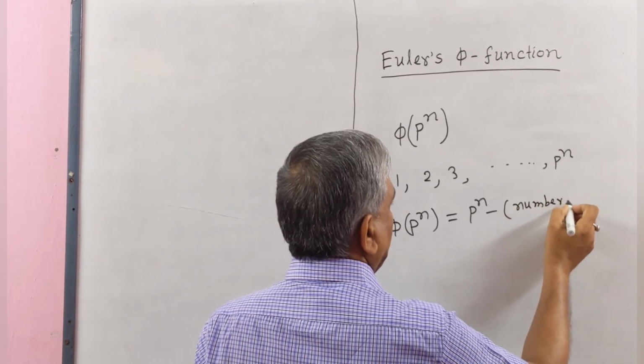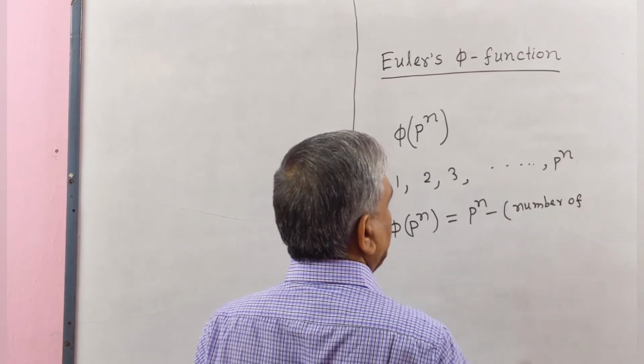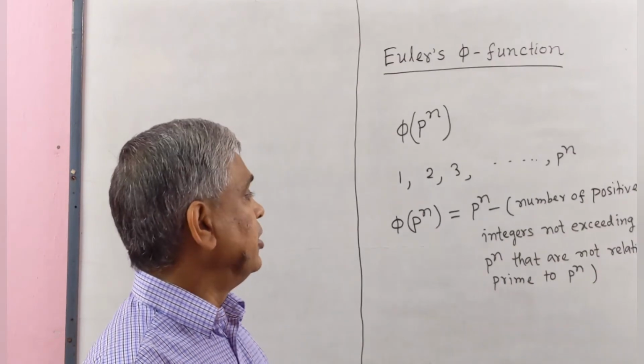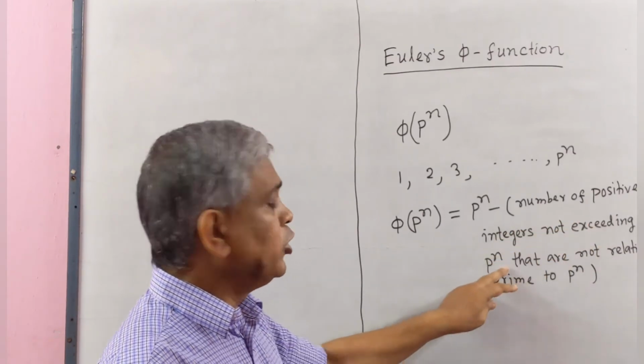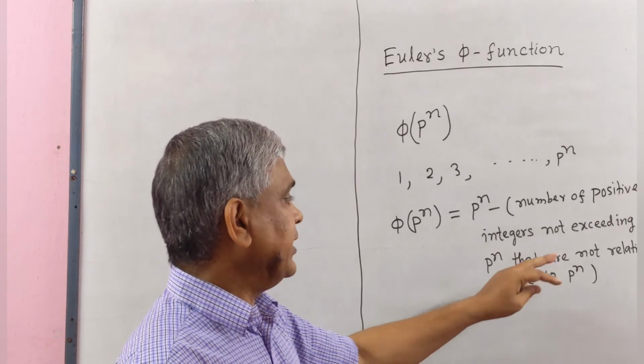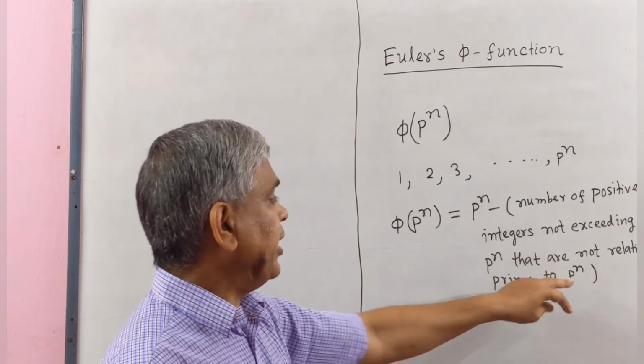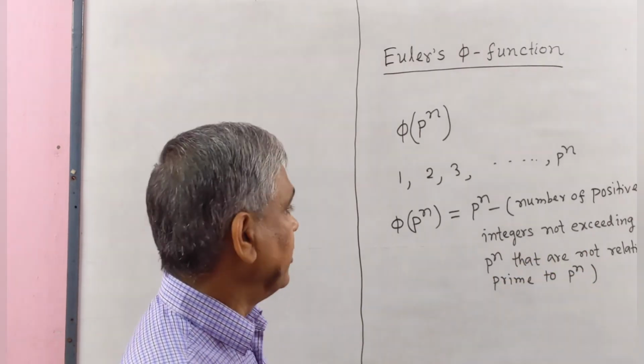Number of positive integers not exceeding p to the power n that are not relatively prime to p to the power n.